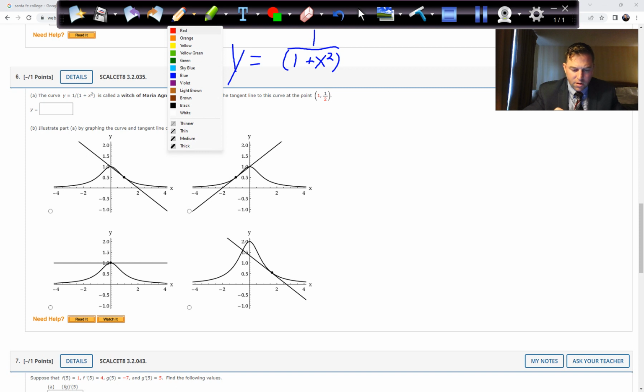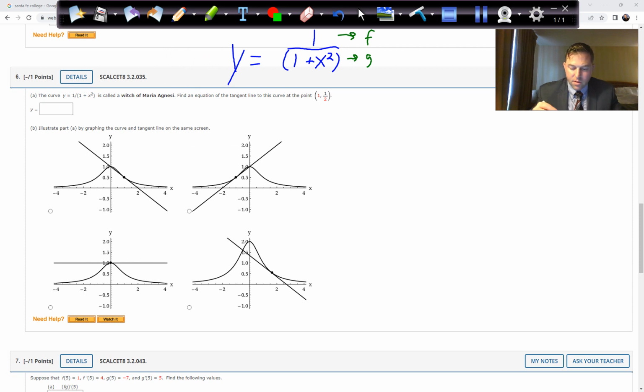So we're going to call the one on top f and this on the bottom g. So we're going to get f equals 1. Well, f prime of that's going to be 0. Derivative of a constant is 0. g is 1 plus x squared. Therefore, g prime is 2x.